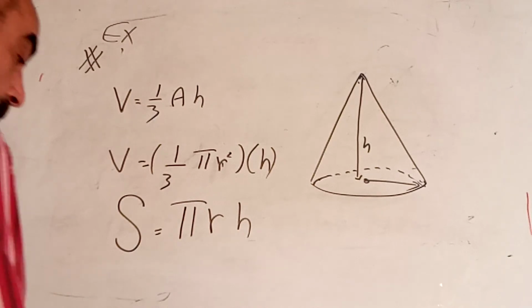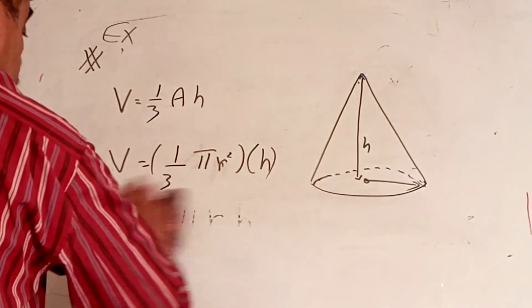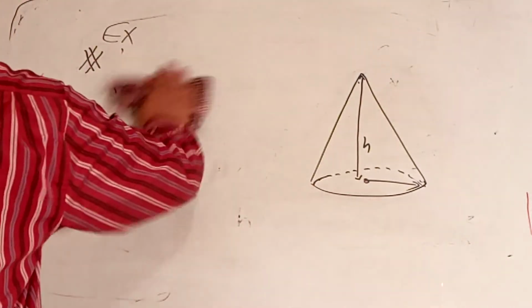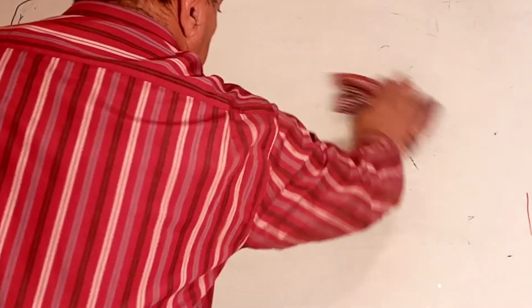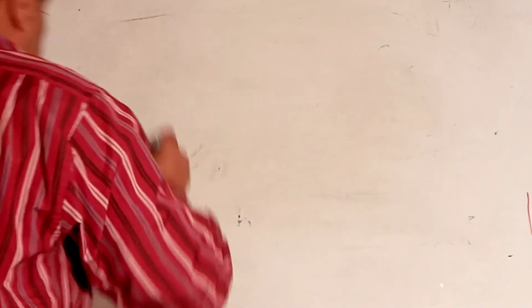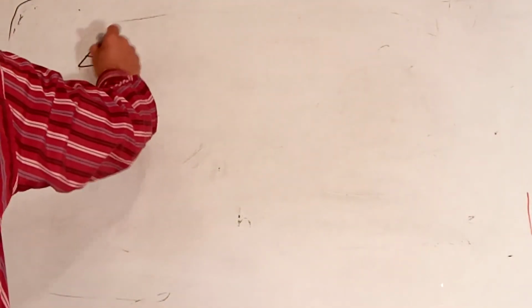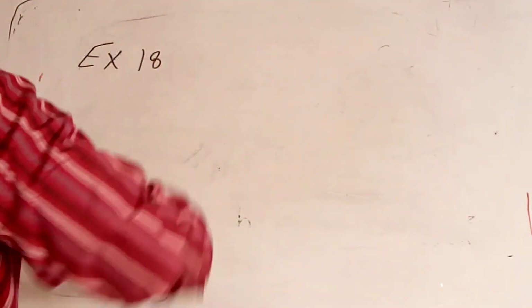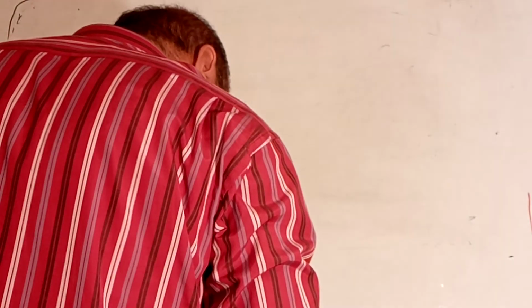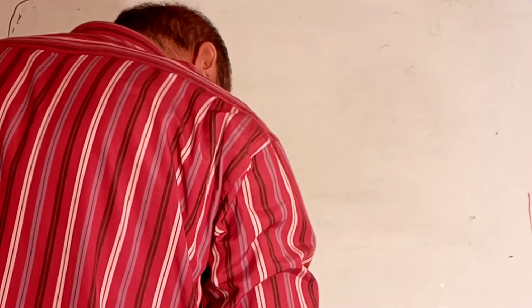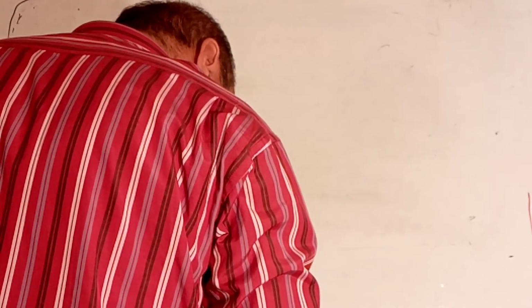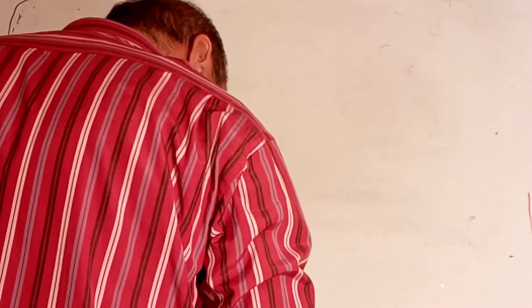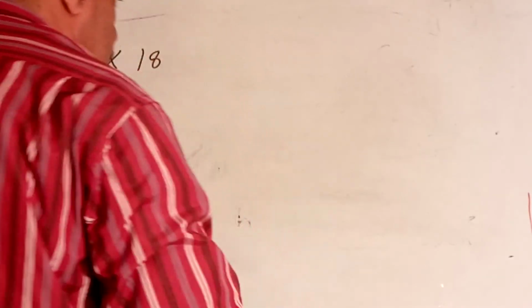Let's do exercise number 18. Here he gives us the cone in the diagram. Calculate its volume and its total surface area. Give the answers in terms of pi.